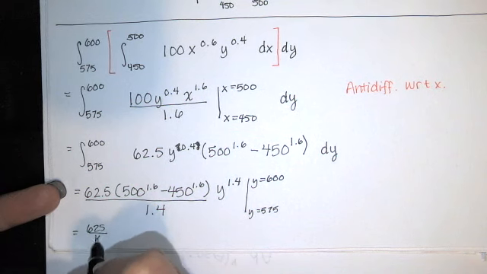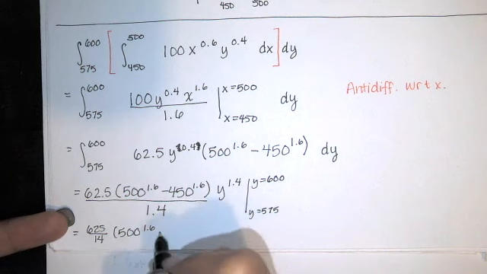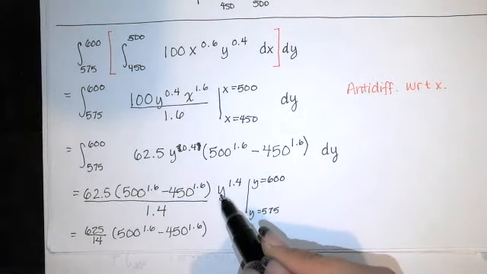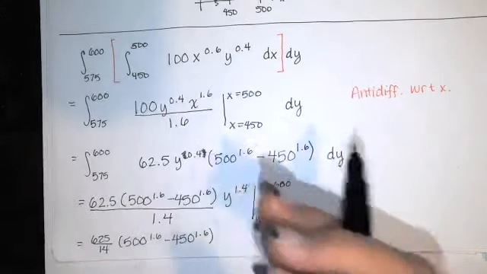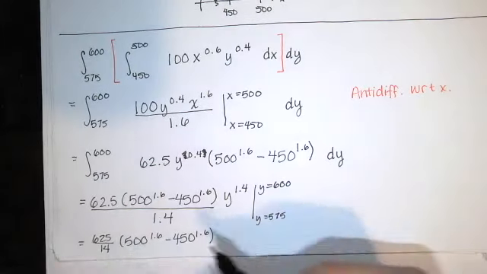That doesn't simplify nicely, so we just get that there. And then I'm evaluating this at 600 and 575, and I'm subtracting. I'm just thinking of this as a constant, so I'm bringing that out to the side and evaluating this at this point and this point and subtracting.